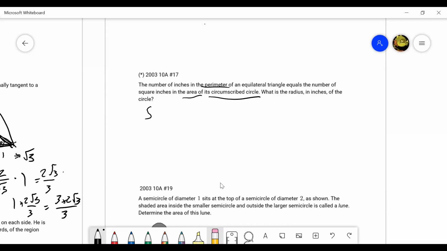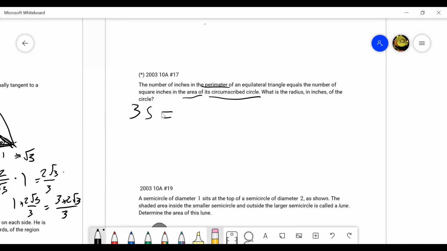All right. So the number of inches in its perimeter is just going to be 3 times s. We want that to equal the number of square inches in the area of its circumscribed circle. To do that, we need to find the radius of the circumcircle.